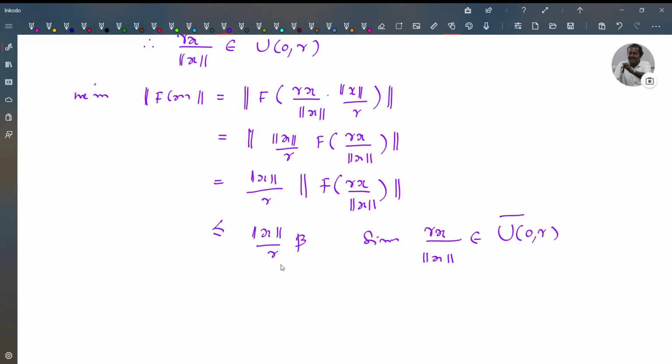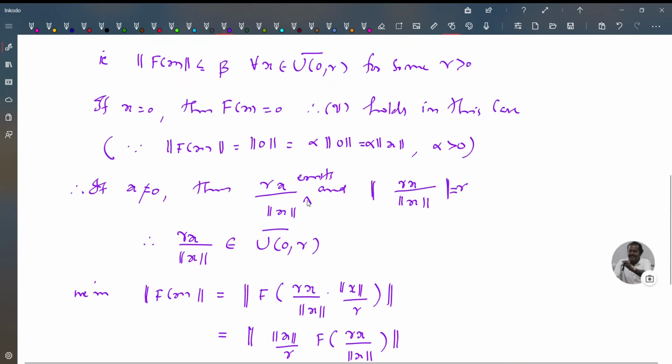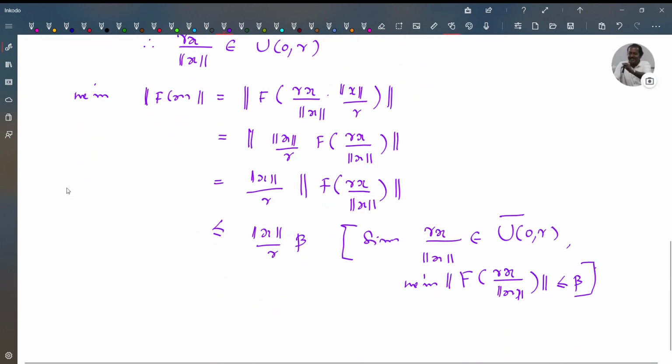We have norm of f(r x by norm x) is less than or equal to beta. That is, norm of f(x) is less than or equal to beta by r into norm x.